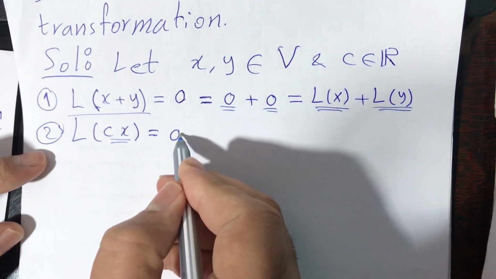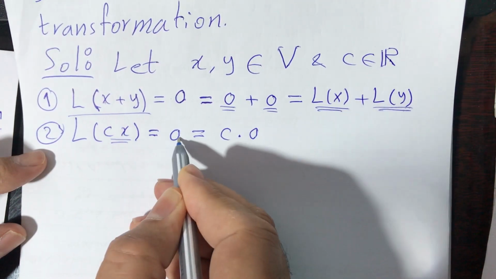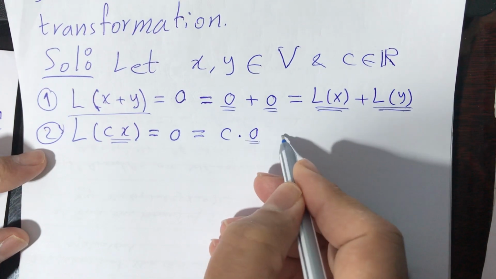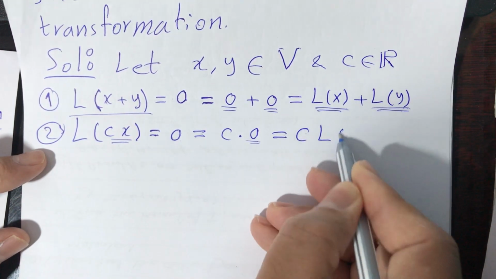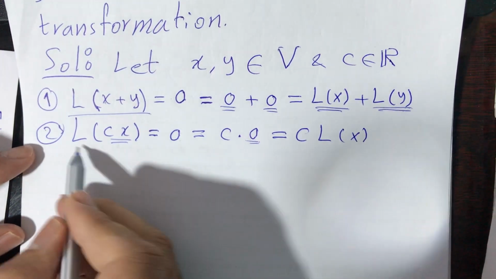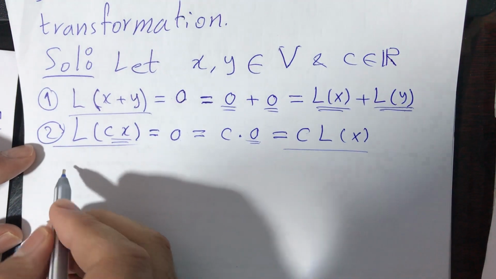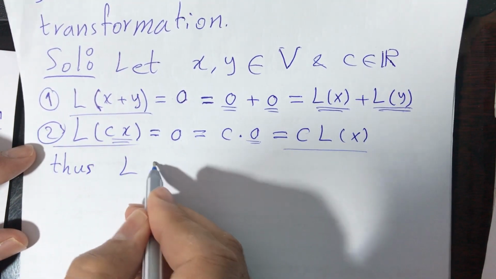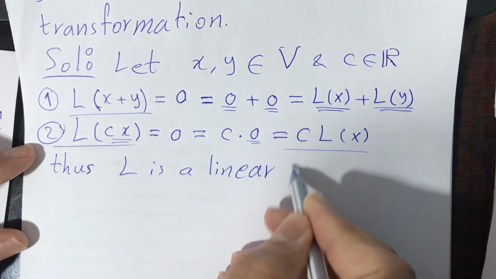And this 0 is equal to c times 0, right? c times 0 is also 0, and this is equal to c times L of x, right? So we satisfy the second condition, and thus L is a linear transformation.